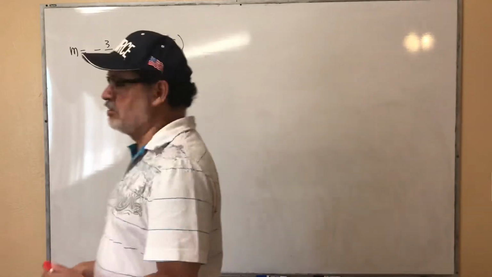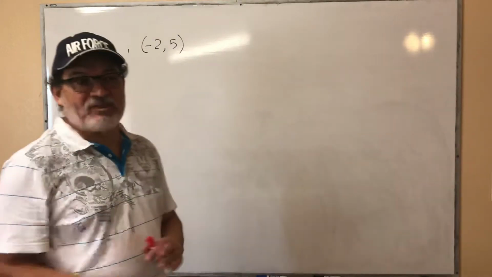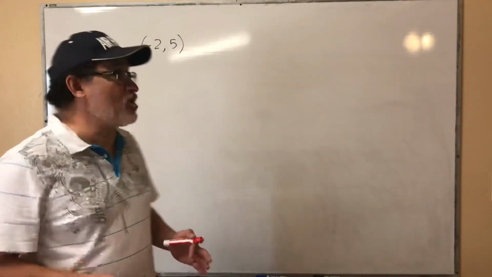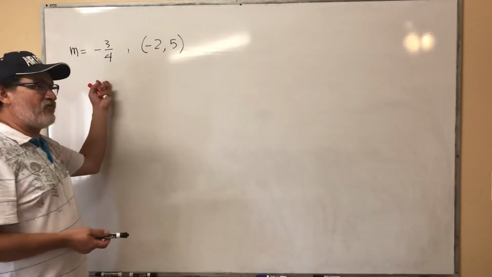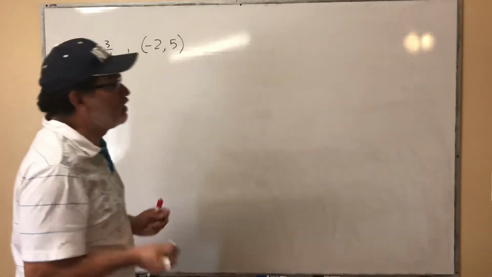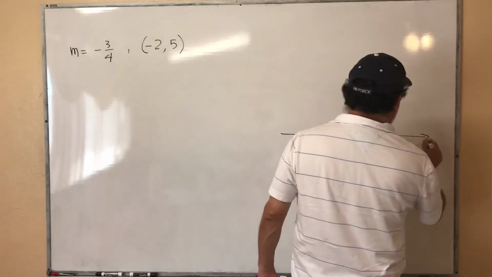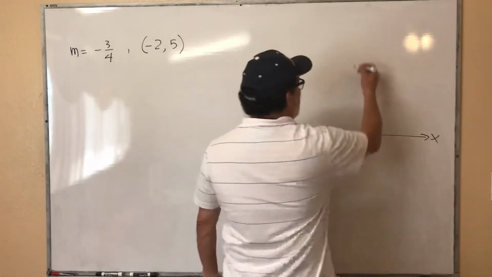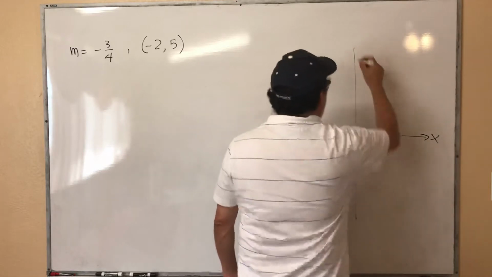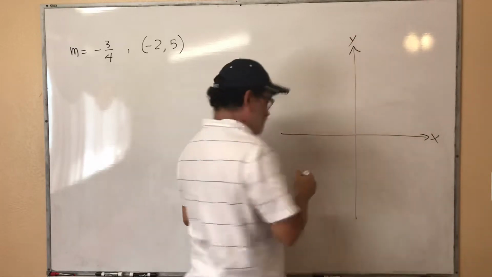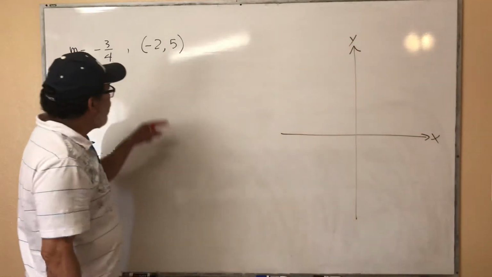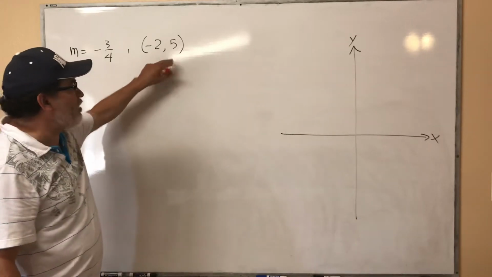Note, you can graph this equation. Sure you can. But graphing doesn't mean that you have the equation. You can graph it because this information is given. You can graph the equation by going to the x-axis and then the y-axis. Go to the point -2, 5.